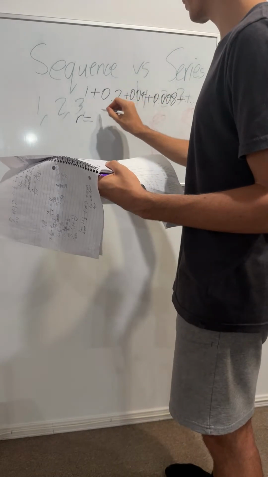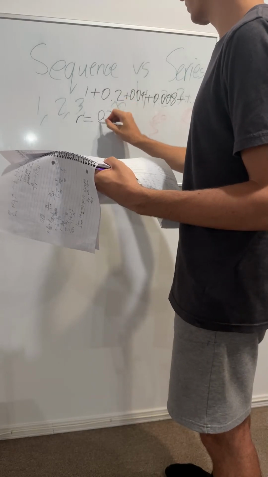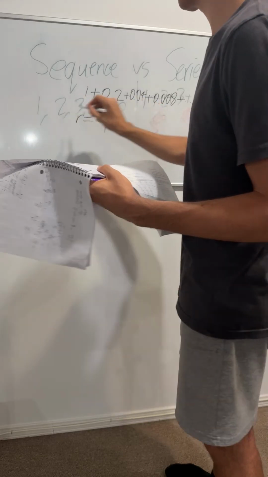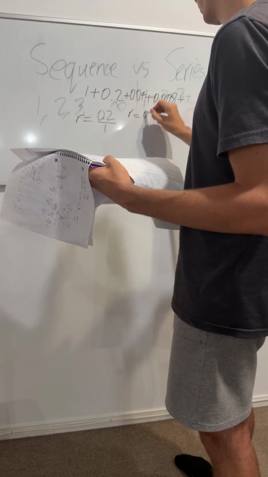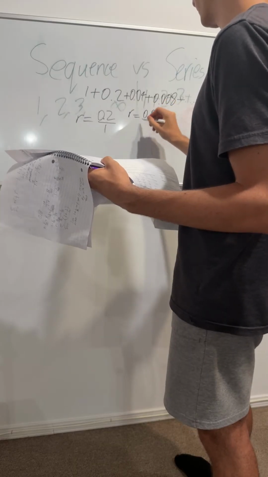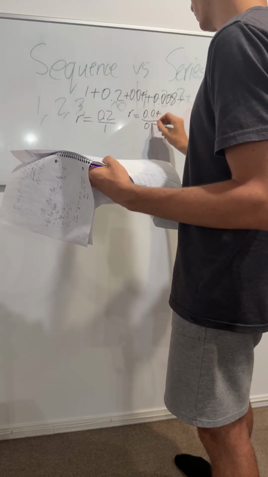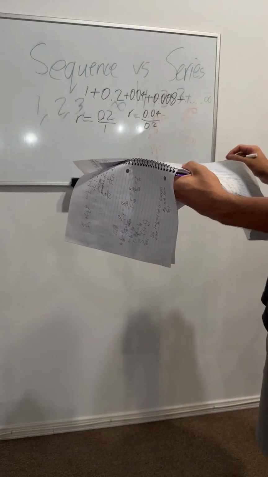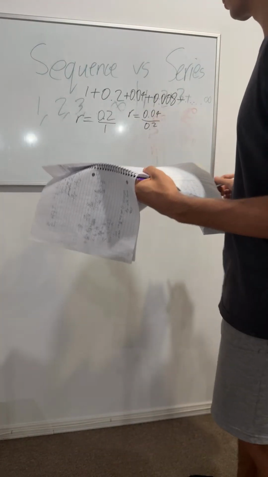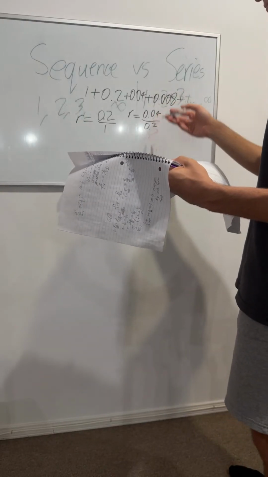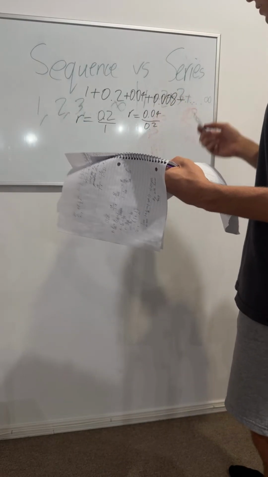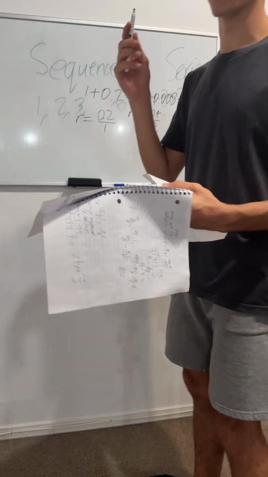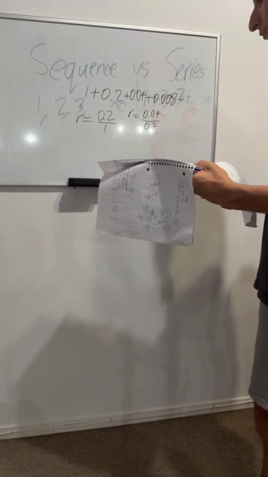What I mean by that is 0.2 divided by 1, and then we also do the same comparison for 0.04 divided by 0.2. Well, this is going to be 0.2, and if you get your calculator out, this is also going to be 0.2. And since they match, we can conclude that this is indeed a geometric series.